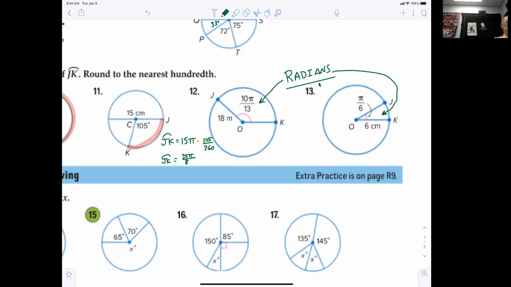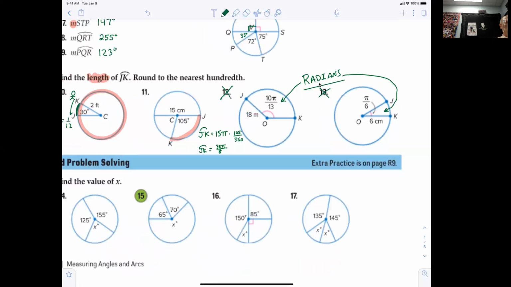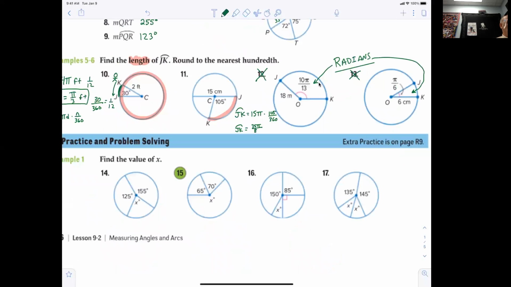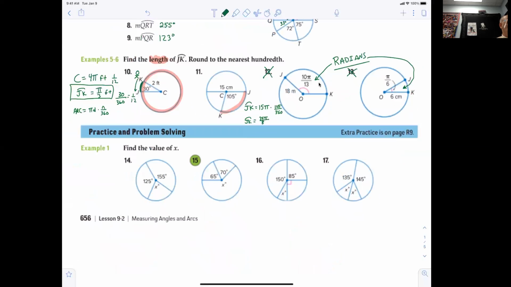I don't like this, so we're not doing 12 and 13. You'll learn that in pre-calculus. There's a formula for angle measure written in radians. The book went a little too far. They're trying to be a little too advanced. So I'm done with that. 12 and 13, no good.